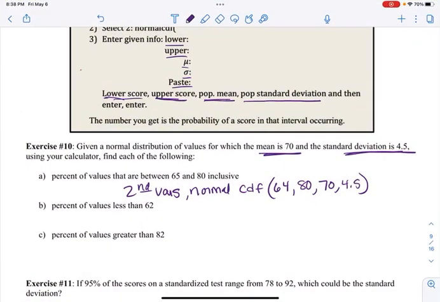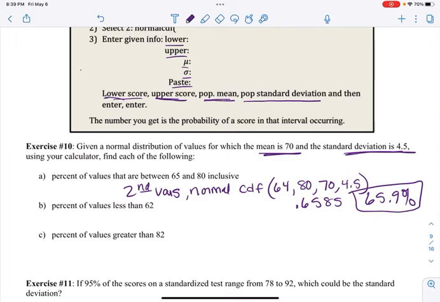All right, so if you do that in the regular graphing calculator, you should get 0.6585. So as a percent, it's 65.9%. Okay, so I'm just going to write it down since the calculator here doesn't seem to be working. I will try it on the calculator app on my phone and see what happens.